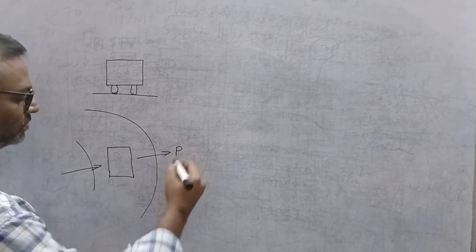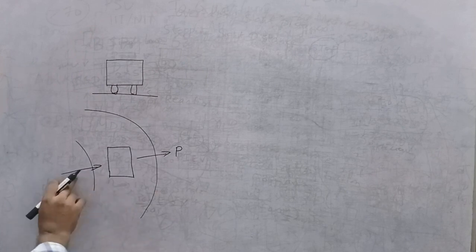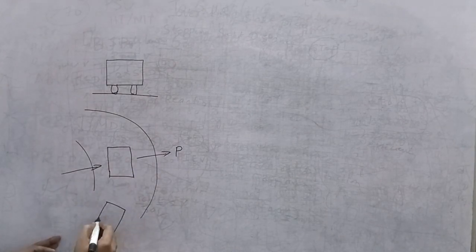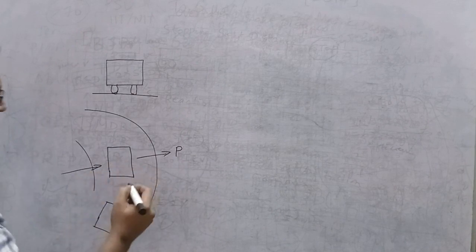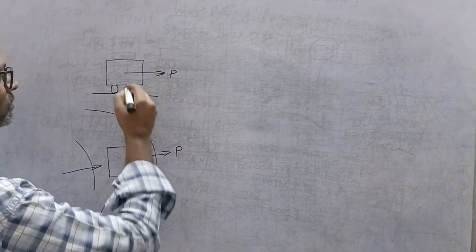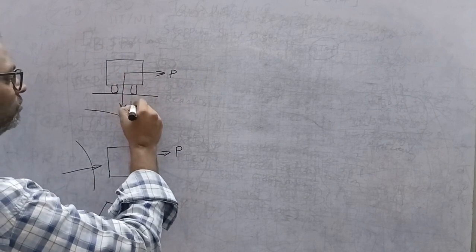Centrifugal force acts on the vehicle as the vehicle is turning. Suppose this is the centrifugal force P and W is the weight of the vehicle.